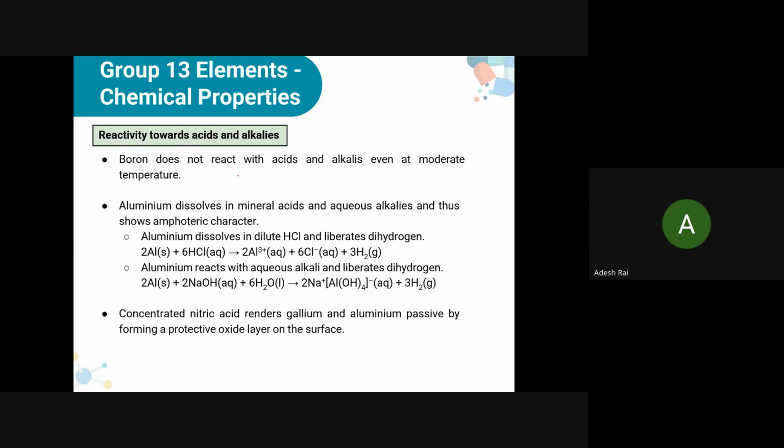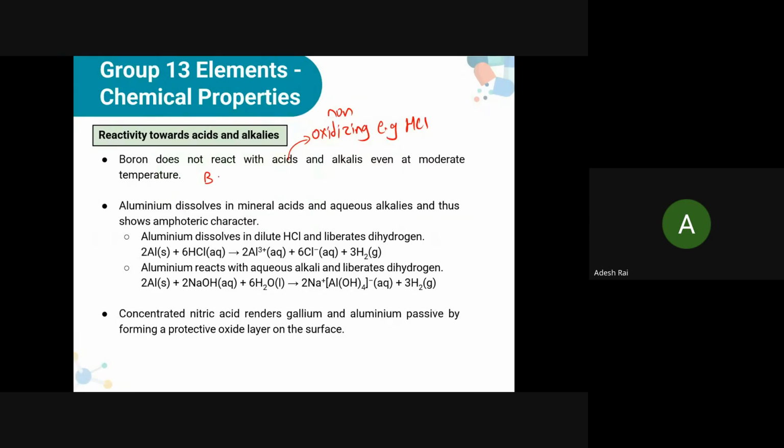Sorry, it does not react with non-oxidizing acids. Now, what do I mean by non-oxidizing acids? Example, HCl. If you ask me, will boron react with HCl? The answer is no. But it reacts with oxidizing acids.